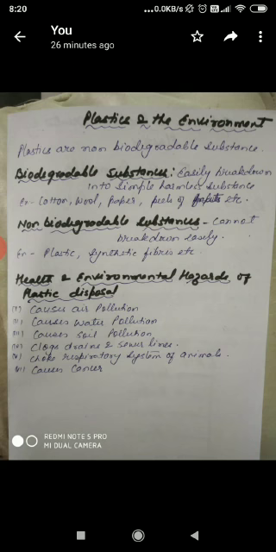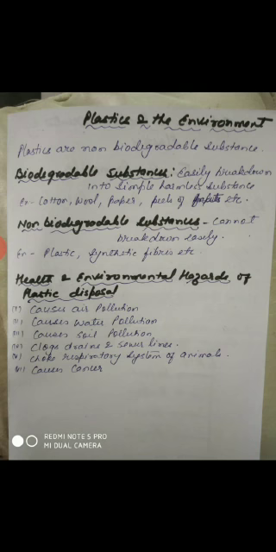So we are going to discuss the health and environmental hazards of plastic disposal. What are the different types of problems we are facing due to plastics? The first problem is that plastic causes air pollution. How does plastic cause air pollution?